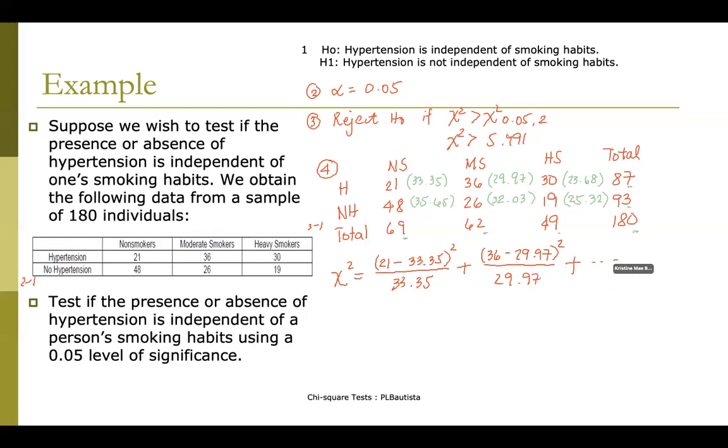And so on until you reach the last cell, which would give you 19 minus 25.32 squared all over 25.32. So you can try to verify that the chi-square test statistic would be equal to 14.4644.